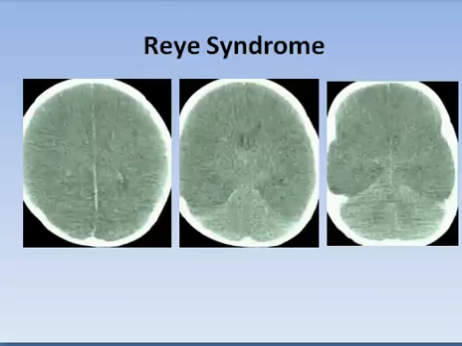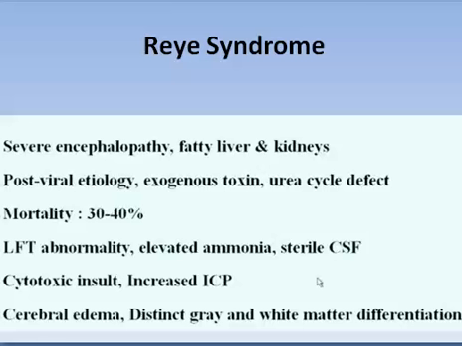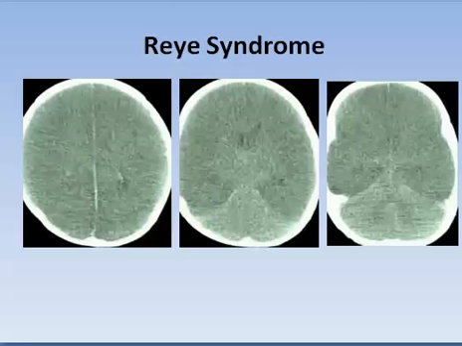It is Reye syndrome. Fatty liver and kidneys, post-viral etiology, exogenous toxins, or urea cycle defect. Mortality is high.